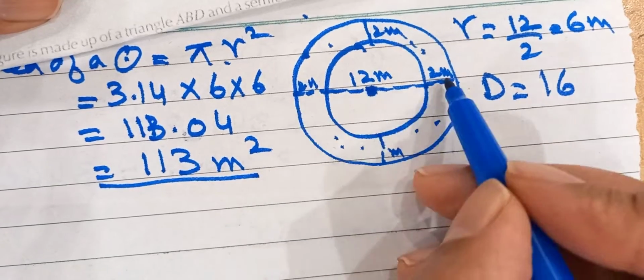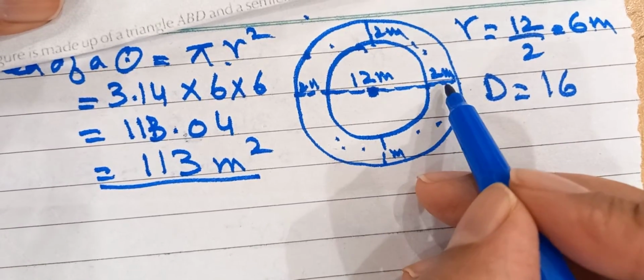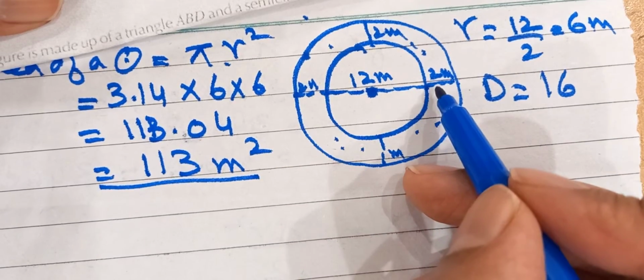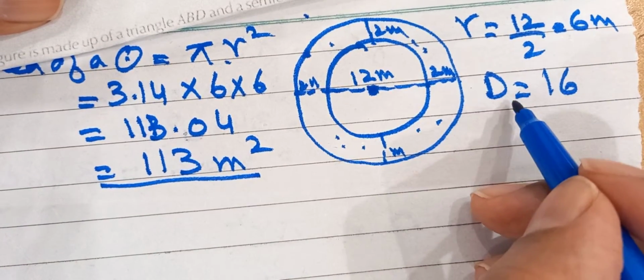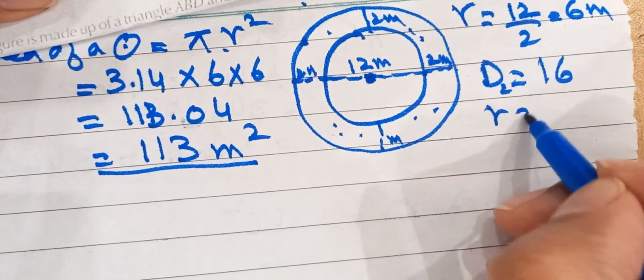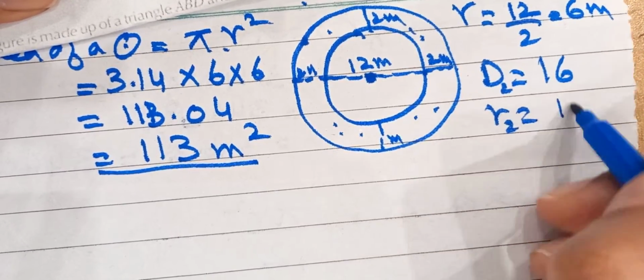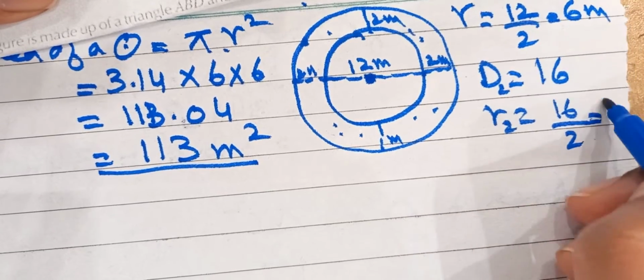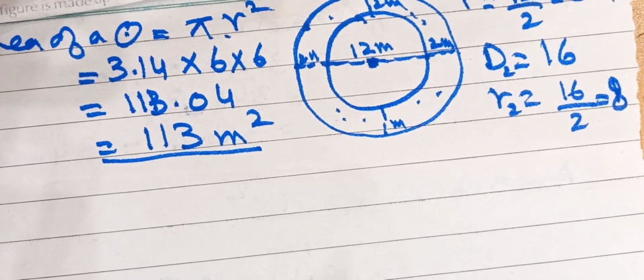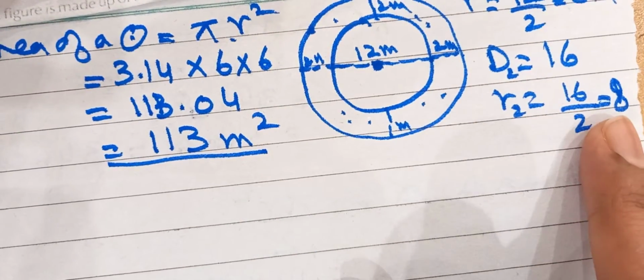So I have to add these 2 to this diameter, and then I shall get the required result. Now the diameter of the bigger circle is 16, so the radius would be 16 over 2, which is equal to 8. So the radius of the bigger circle is 8.